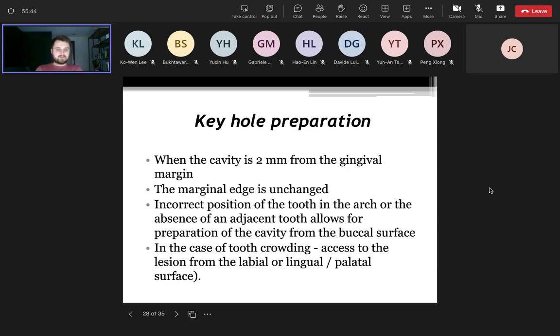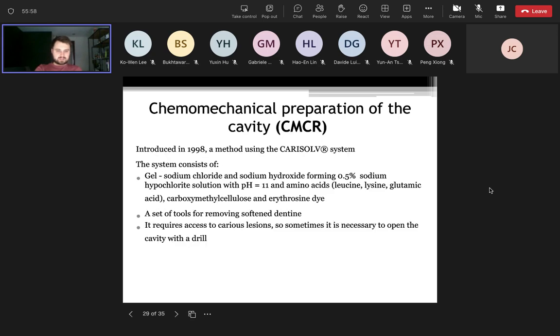So we've got direct access to the proximal surface of the tooth. In that case, we don't have to, and we couldn't, remove the soft tissues. So we get access directly.